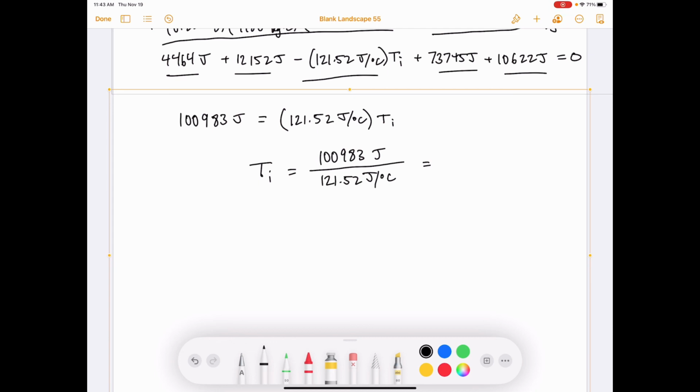So if you work that out, it comes out to 830.99. We're going to actually keep 3 sig figs on this, degrees Celsius. So about 831 degrees Celsius. So that was the initial temperature of the copper cylinder that we put in the water and caused it to boil away some of that water. Okay, that's what we found here.